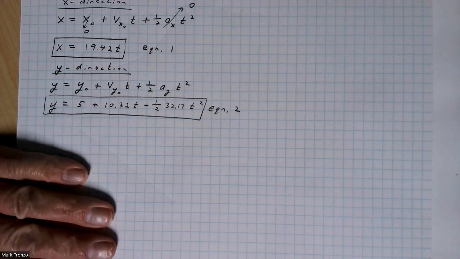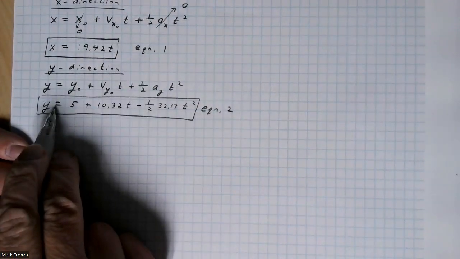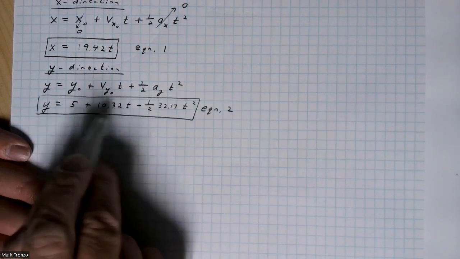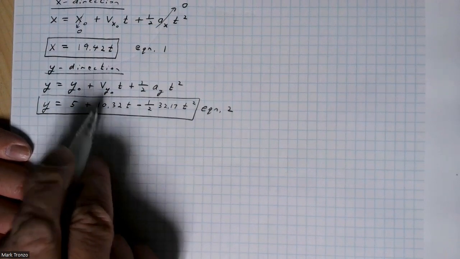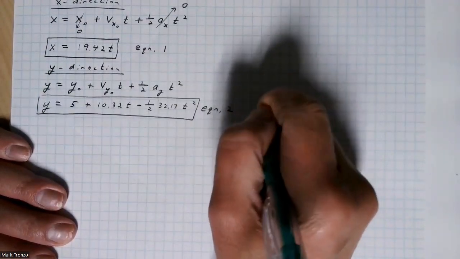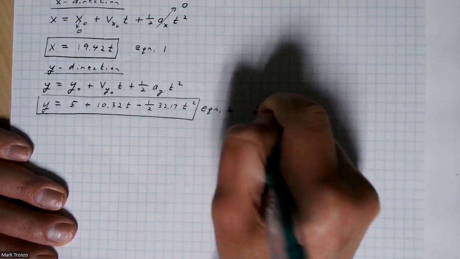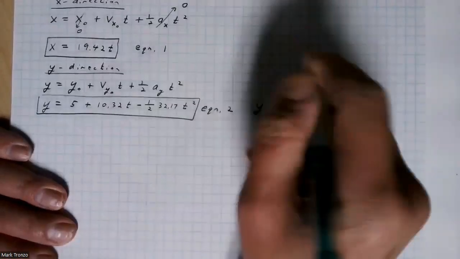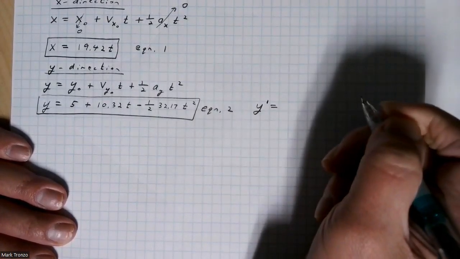Now we're also going to need the velocity in the y direction eventually, because we're going to need to find a place where the velocity is 0. So let's do that. The velocity in the y direction will be the derivative of this equation, call it y prime.